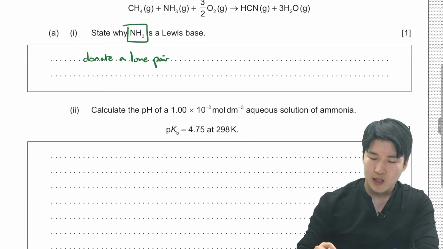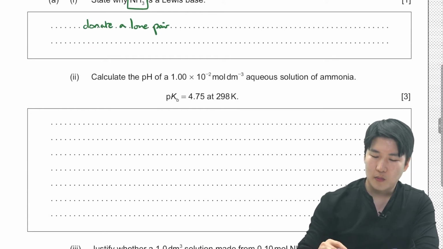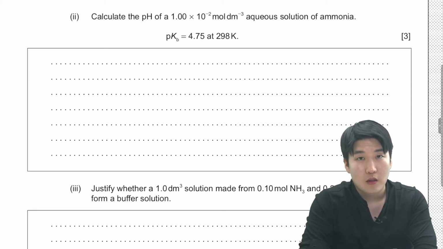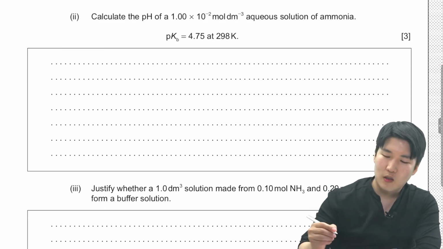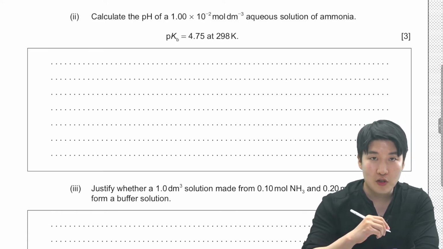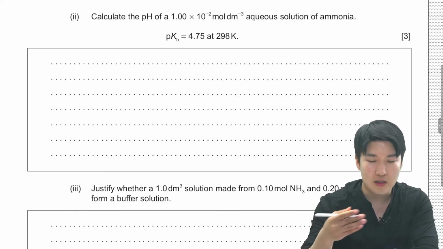But we are given the specific pKb value of ammonia, so that we can work out the pH. How? What's the calculation method for the pH of weak bases?